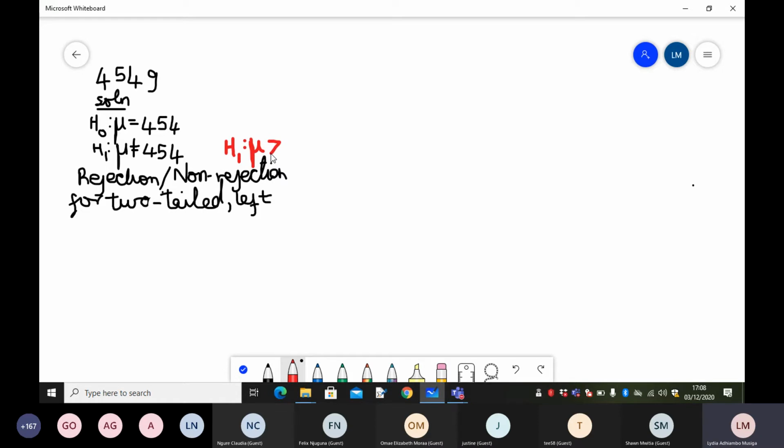And if the company insisted that the mean net weight is less than, then the alternative would have been H1 is such that mu is less than 454. Now, in the question, it is just that the company is insisting that the mean net weight is 454.